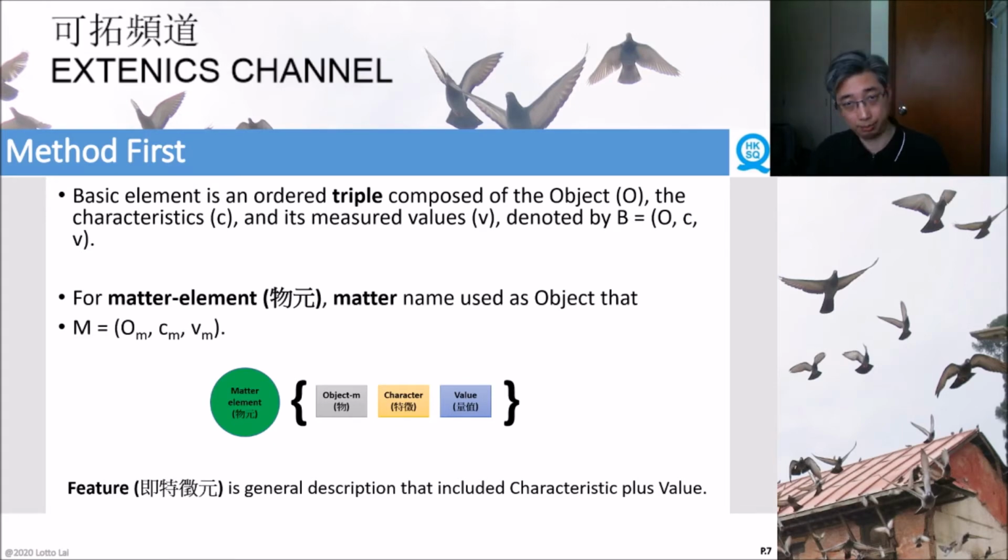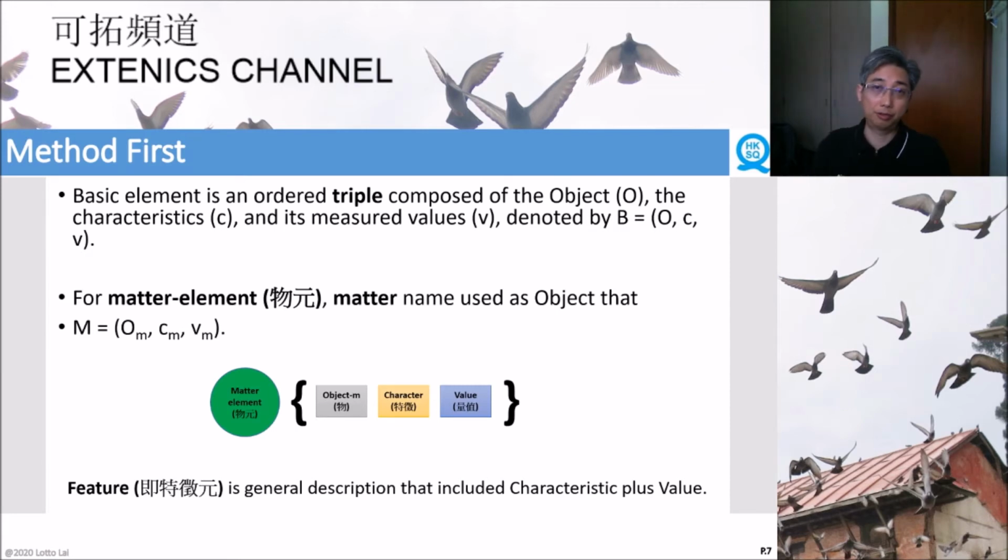For the meta element in Extenics, we call the meta name the object, together with the characteristic and value. When we describe the meta, we use the formula M = (Qm, Cm, Vm). For example, if a cloud, what is the color? Color is a characteristic, and the color is blue. Blue is a value. So when we describe different things, we can use this meta element formula.